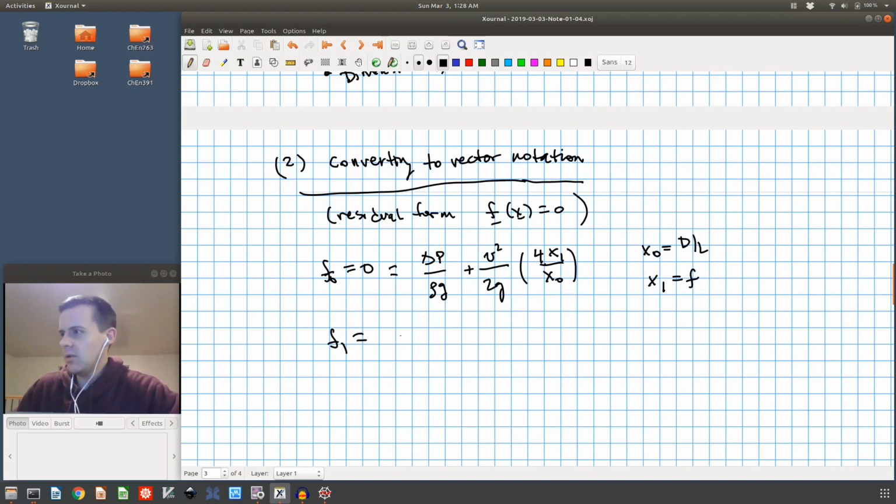f1 is my next equation, and that is equal to 0, and I just move everything over to the other side. So that's 1 over x1, because I made f equal to x1, minus 4 log 10 of x2 root x1 plus 0.4, and now x2 is equal to my Reynolds number.